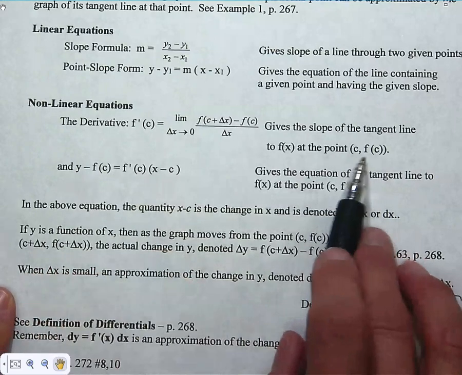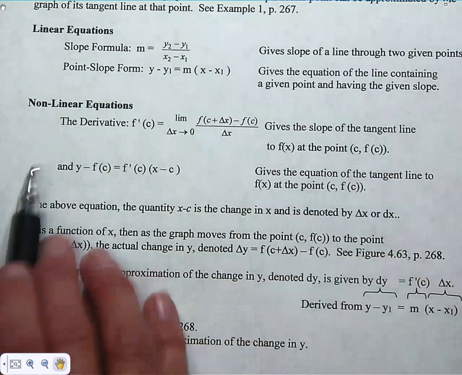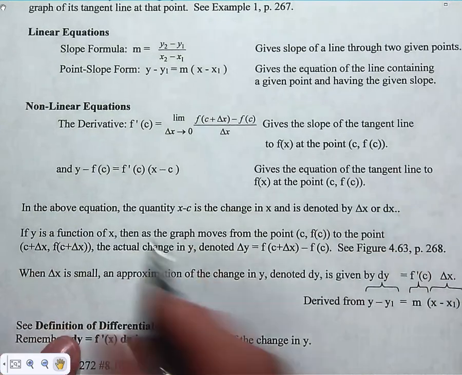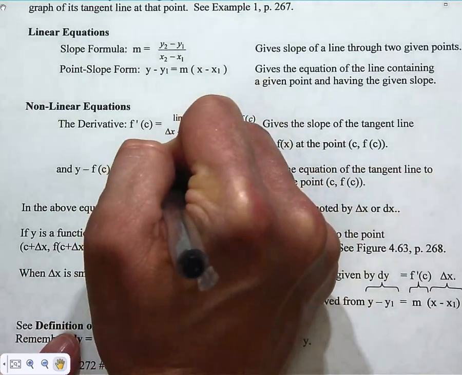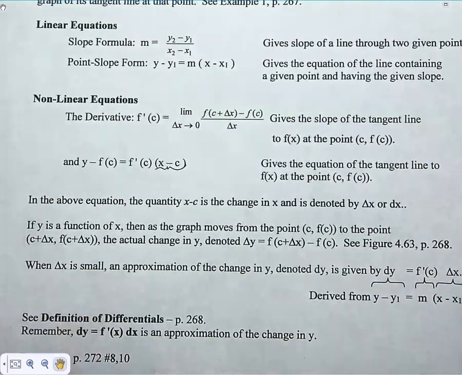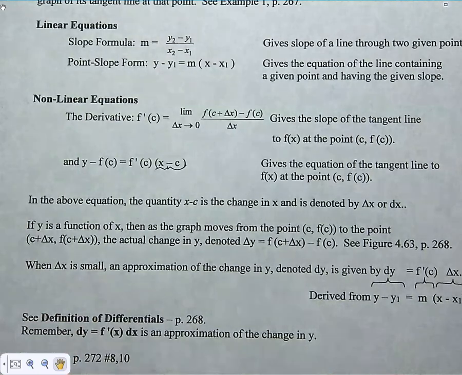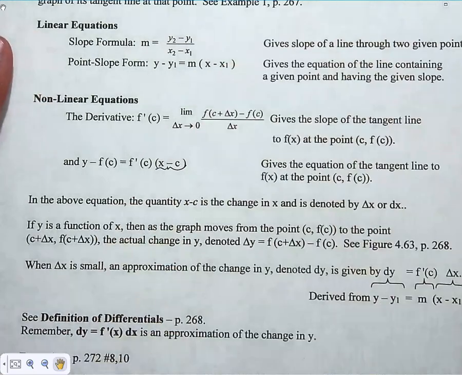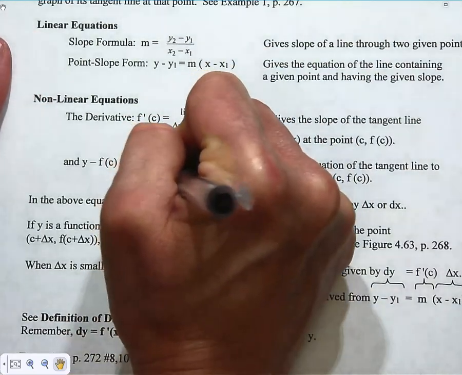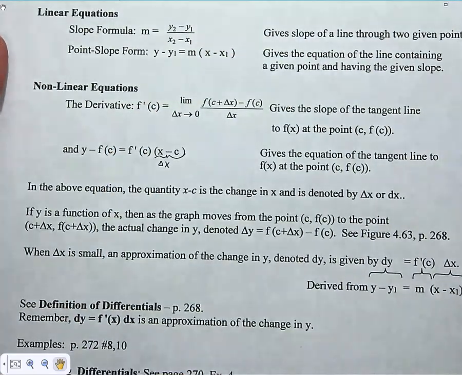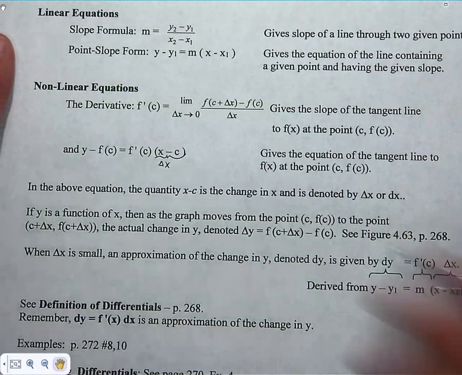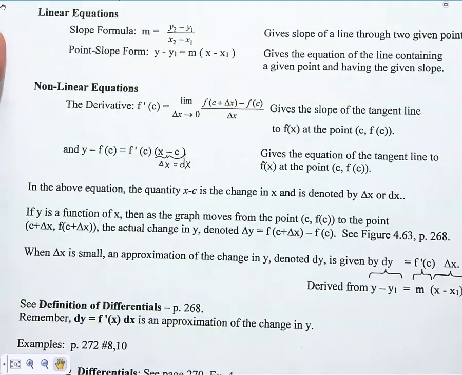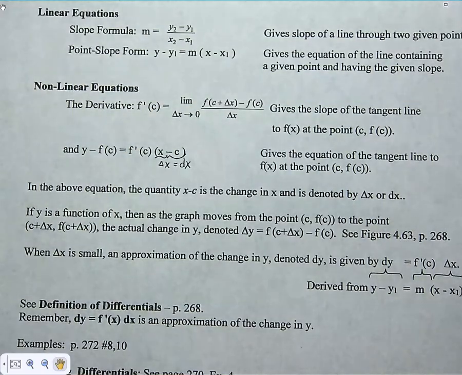So at some point c, f of c, this would give us the equation of the tangent line. If we call this little x minus c the change in x, some little scooching over amount, then we could label it delta x. We've used that for the change in x. We can also call it dx, another symbol that we use for delta x.